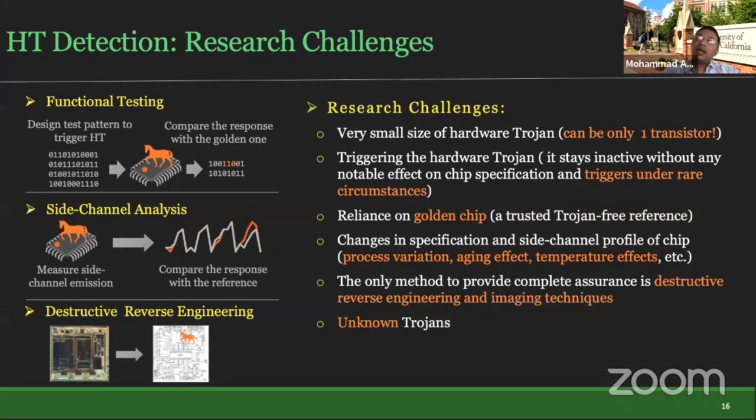So the question is how we can understand them when they are not triggered. Can we identify them? And all the previous work had been relying on a golden chip. That means there is a very good chip hidden somewhere, and we compare any XYZ chip with it. But where do I get the golden chip? Who knows the golden chip is trusted?